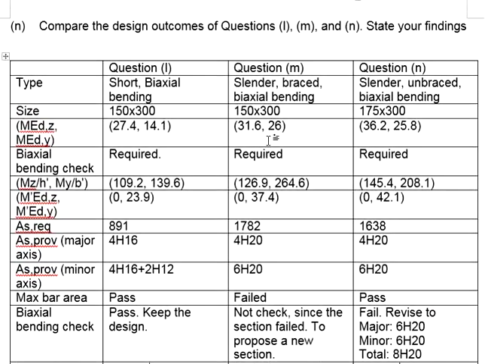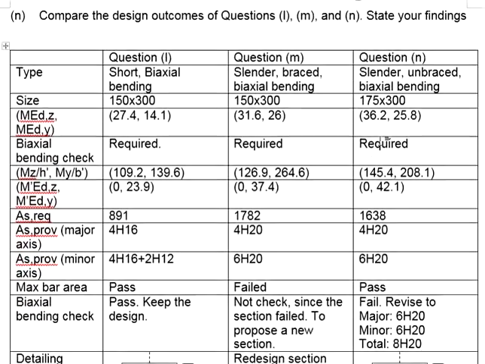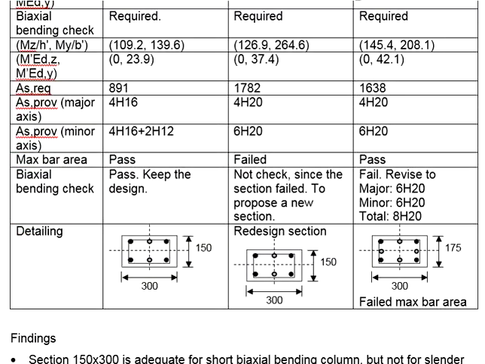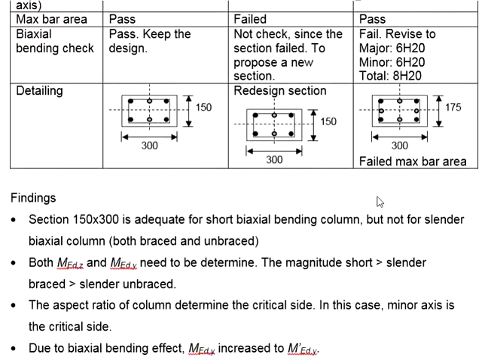This is about the calculated result from the 3 examples, which give us some interesting findings, such as the proposed section 150 times 300 is adequate for the short biaxial bending column, but this section is not adequate for the slender biaxial column, regardless of whether the column is braced or unbraced.